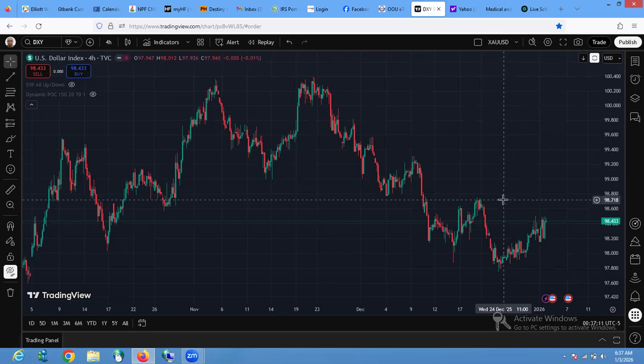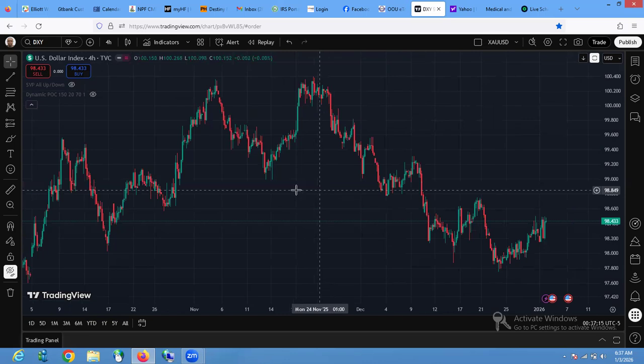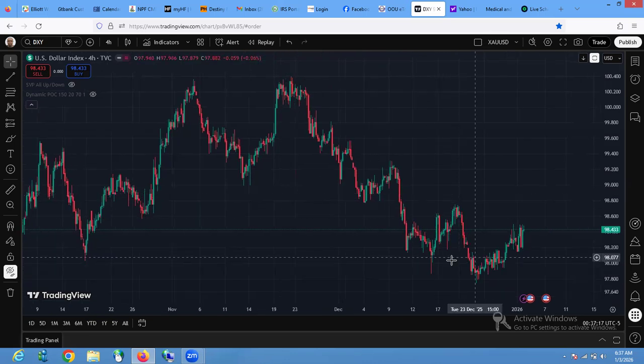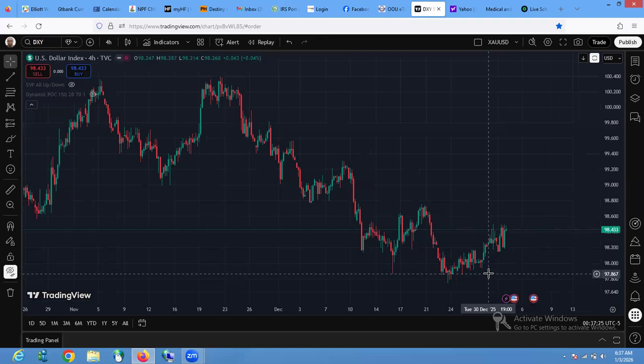How do we proceed? What I said here is that this is correction. This is very, very corrective. And the price is not going all the way to break this top for now. So how to plan? This looks like we have an A B here, and this at finish a C wave.